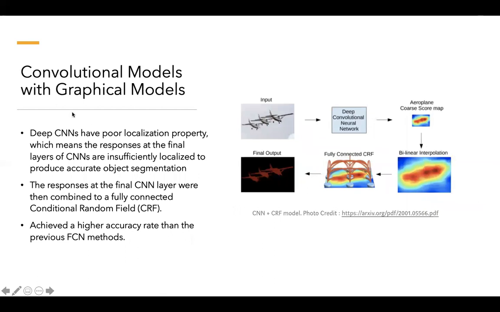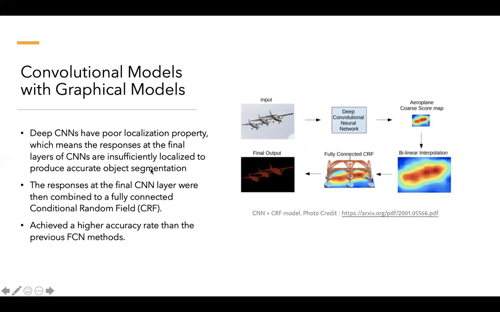Then comes the convolutional models with graphical models. Researchers showed that deep CNNs have a very poor localization property, which means the responses at the final layer of CNNs are insufficiently localized to produce accurate object segmentation.